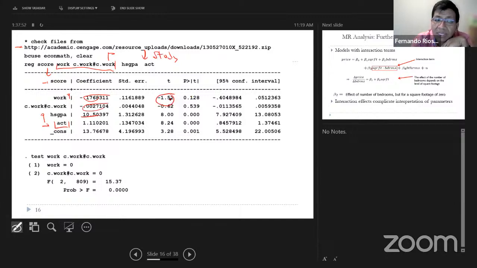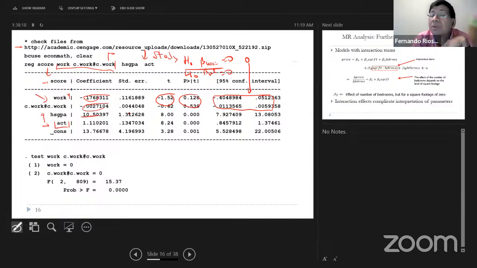But when you look at the t-statistics, the p-values or the confidence intervals, you see that in all cases, 0 falls inside, meaning that you cannot reject the null hypothesis that beta work is equal to 0, or that beta work squared is equal to 0. You cannot reject those null hypotheses.